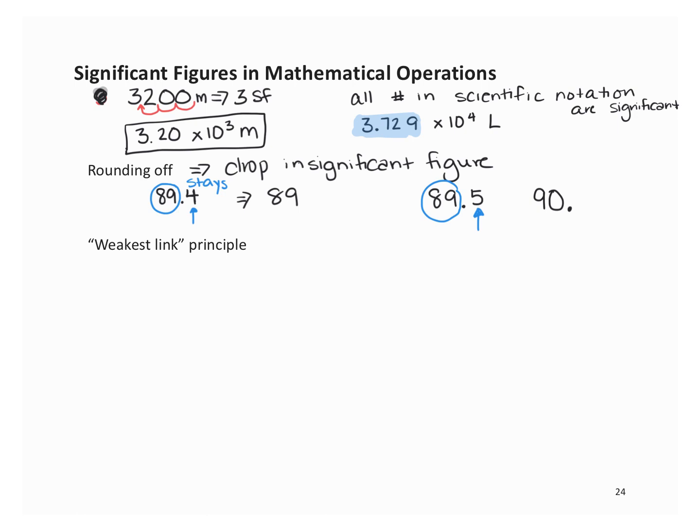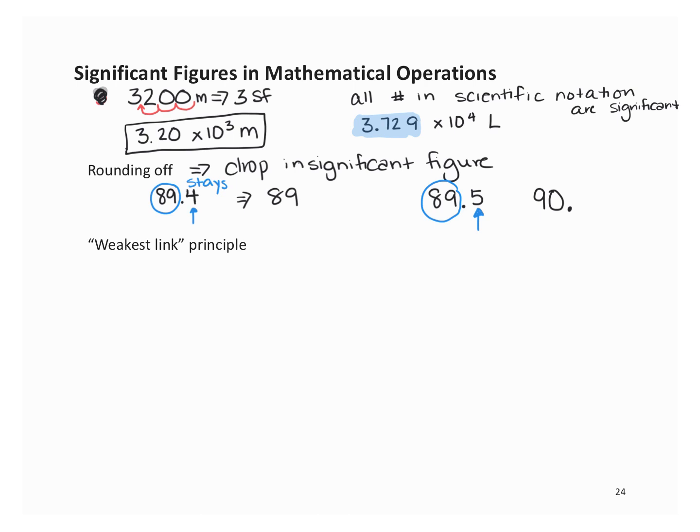And so some students like that and really lean into using scientific notation. As long as I don't specify, you can use either on an exam. Now we're going to use something called the weakest link principle here with some of our numbers when we talk about significant figures.